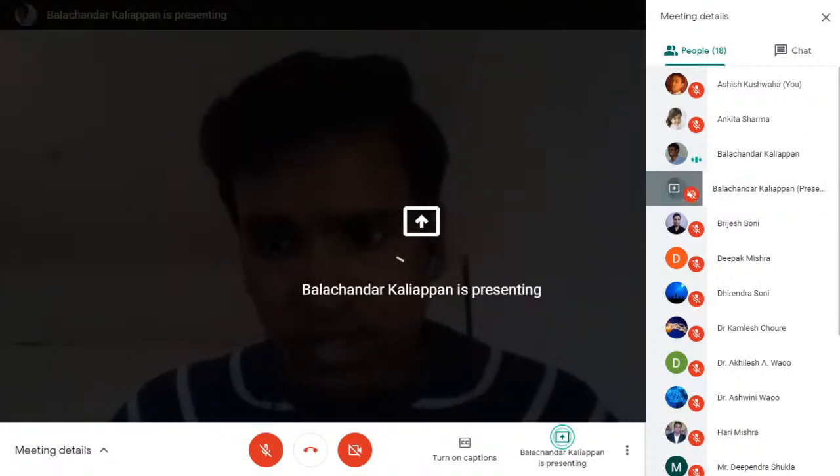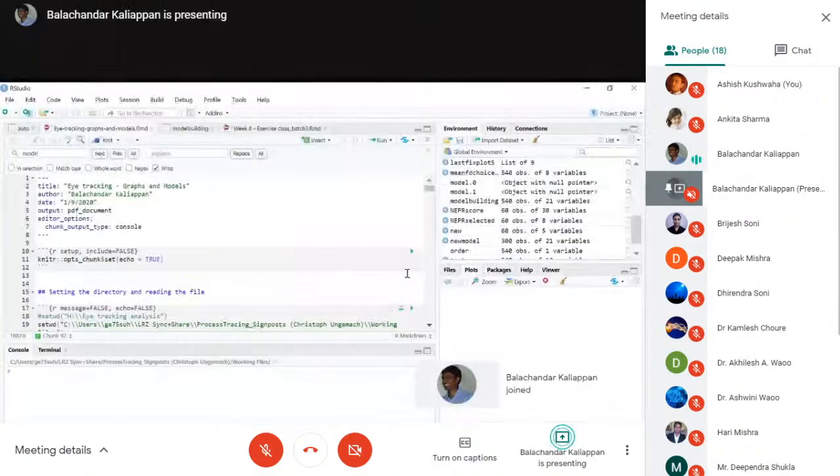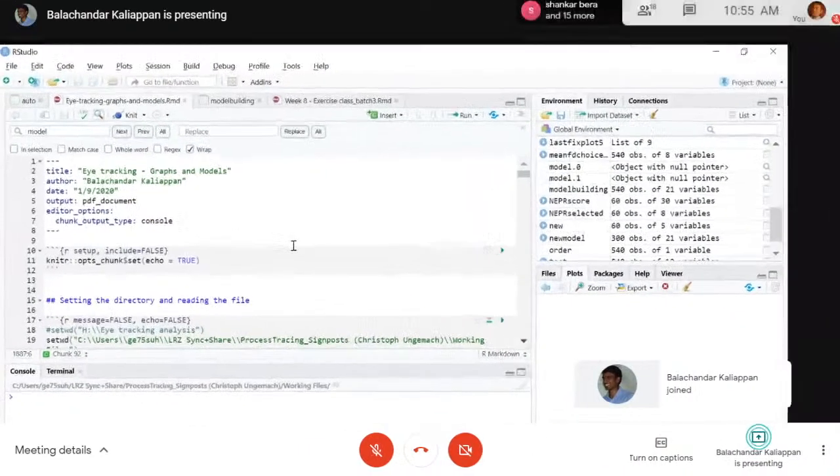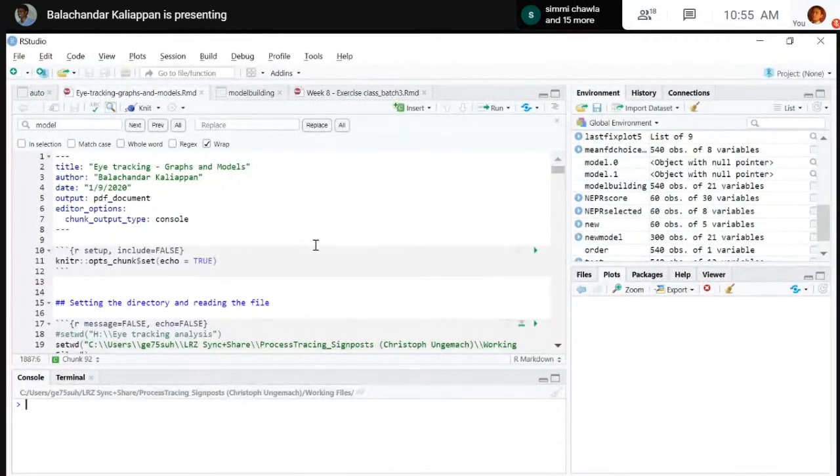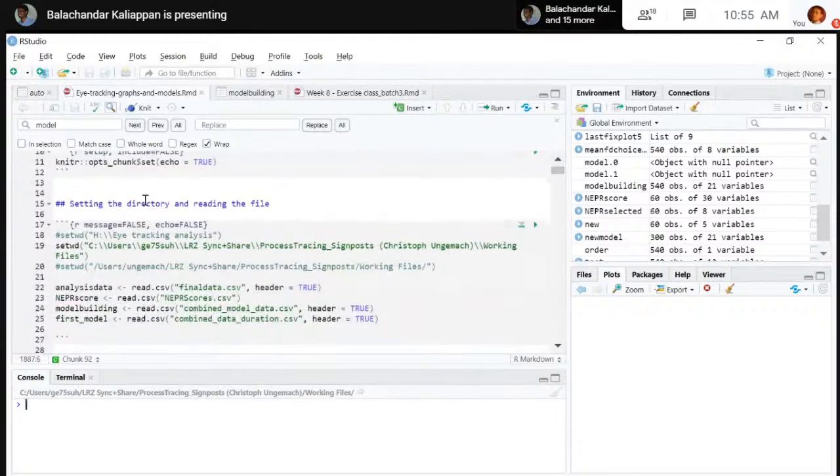So this is the environment, RStudio, where you can code, which is called an interactive IDE, quite similar to Anaconda in Python, where you have an IDE as well. And here you can see I'm writing some code to understand how to read the data and other things.